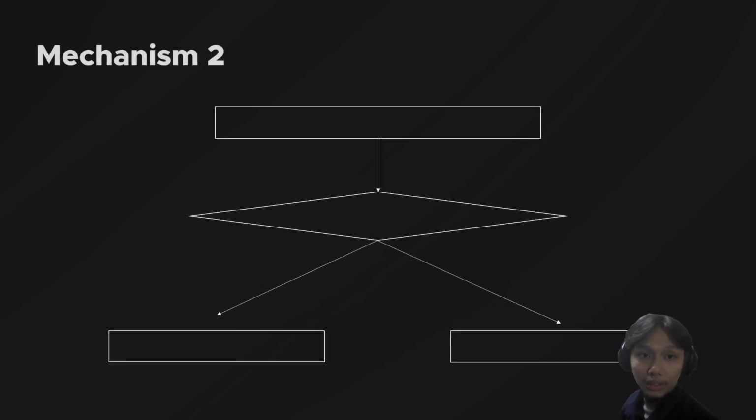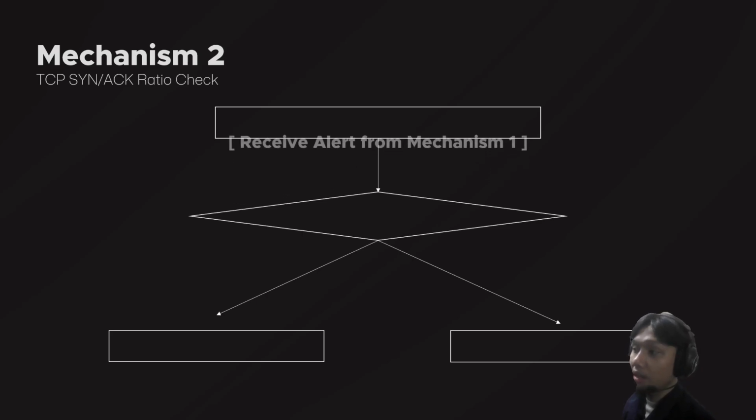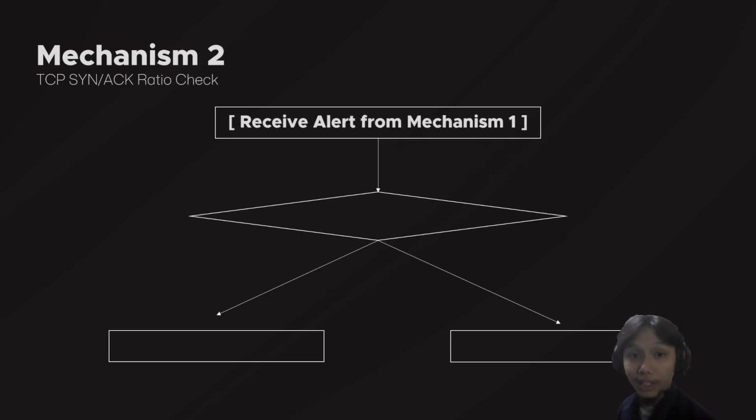So let's go to the second mechanism, the TCP SYN-ACK ratio check. This receives the alert from mechanism 1, the previous mechanism. If it receives an alert from any one of the windows, this mechanism will check if the SYN and ACK ratio is 1 to 1. Because if the attacker sends a SYN packet and keeps spamming it, they will never receive the acknowledgment, which is how we prevent it.